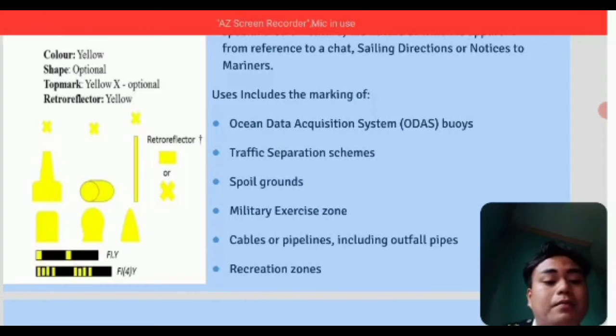Another function of special marks is to define a channel within a channel.